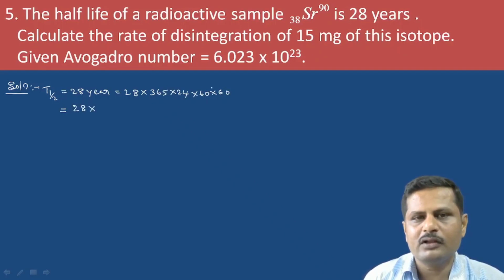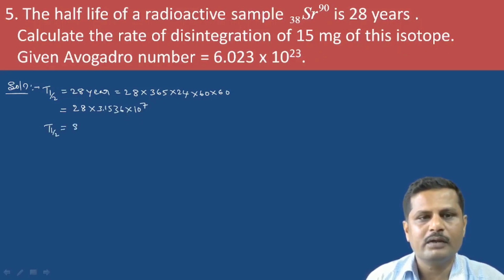That means there are 3.1536 into 10 raised to 7 seconds in 1 year. So we can write T half equals 28 into 3.1536, that is 88.30 into 10 raised to 7 seconds.